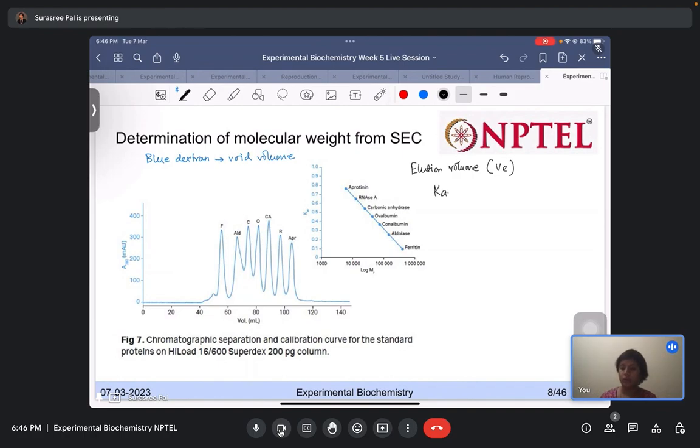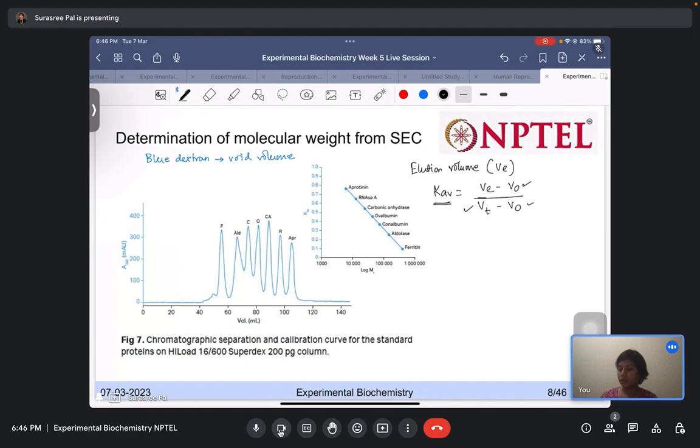Now from the elution volume, we can calculate the partition coefficient, which is VE minus V0 divided by VT minus V0. V0 and VT are constant for a particular column. So if we know VE, we can calculate the partition coefficient.